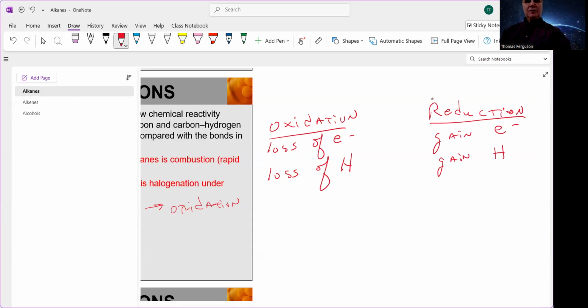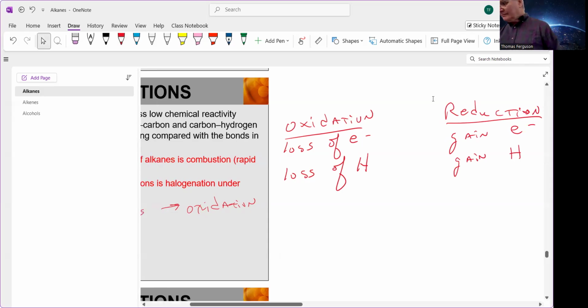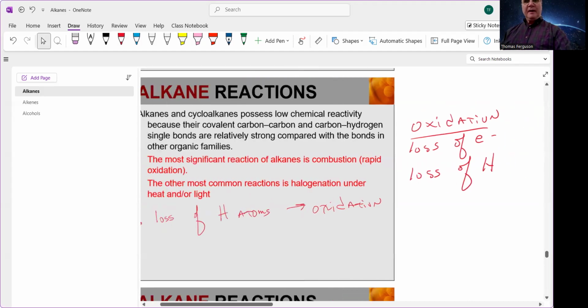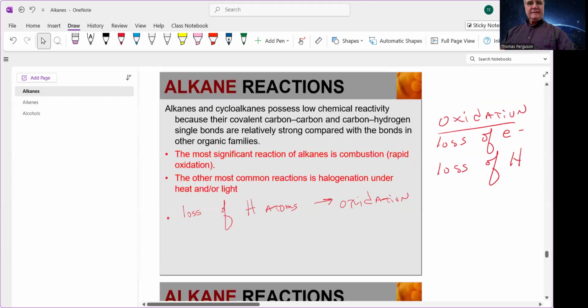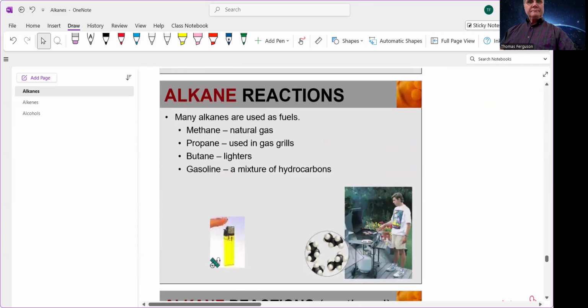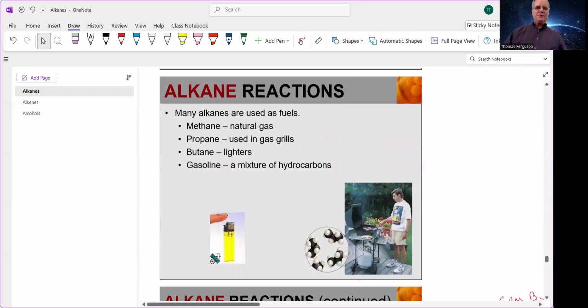Okay, so the first reaction we're going to talk about is combustion. Alkanes are used as fuels all the time. Methane comes out of the wall for your stove. Propane is used in gas grills, butane lighters, etc. Gasoline, diesel, all that are hydrocarbons in combustion reactions.